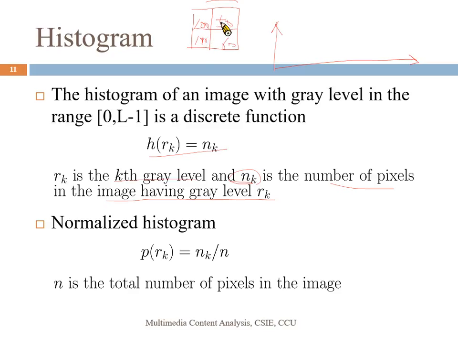We have 1 pixel with intensity value 50, 1 pixel with intensity value 60, and 2 pixels with intensity value equal to 100. So here is a very simple distribution indicating the number of pixels having a specific gray level.